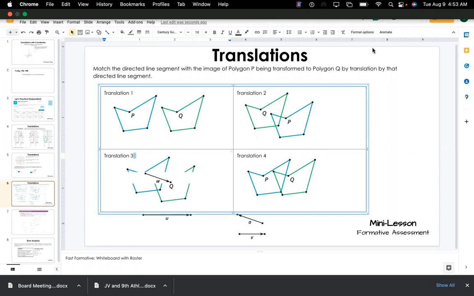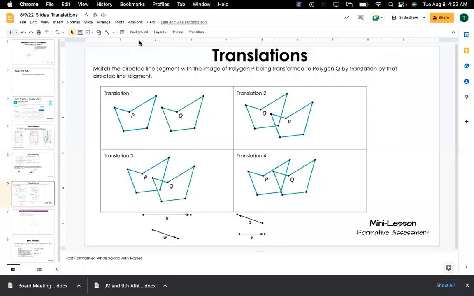All right, so what we're trying to do is figure out how they shifted, and how far they shifted, because each one of these links is different. Okay, so we want to go from P to Q. Okay, so let's start with this first image. This one's going to the right.